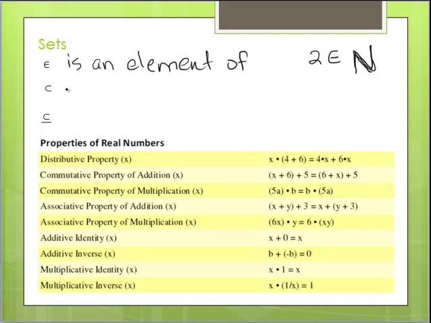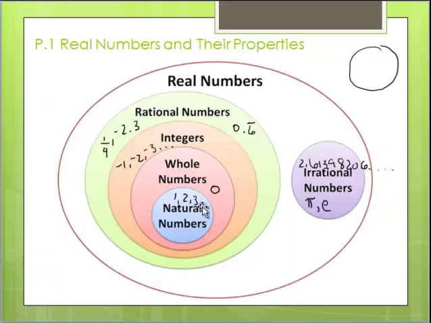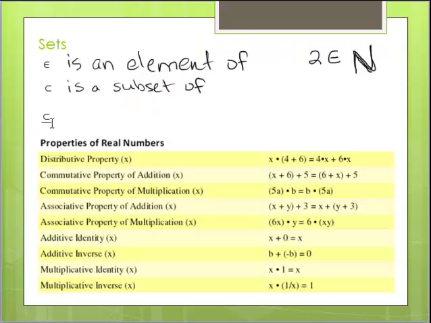This one means is a subset of. Some people read this as is contained in. So looking back at this page again, you could say that the natural numbers is a subset of the whole numbers. That's just one way you could look at that one.